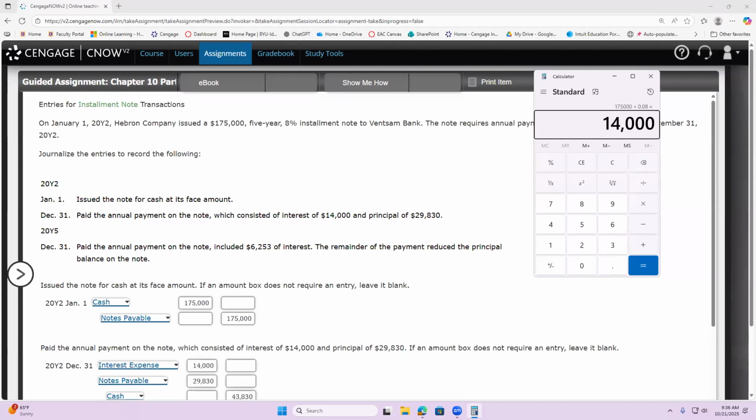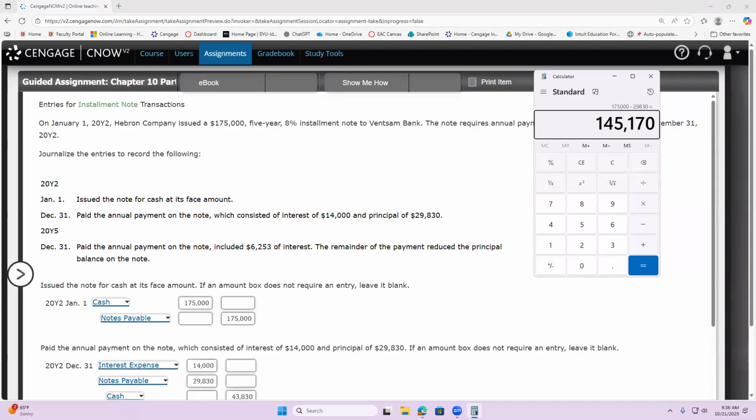So we would take 175,000 minus 29,830. At the end of that year, we now owe 145,170. So this is year one of the note.